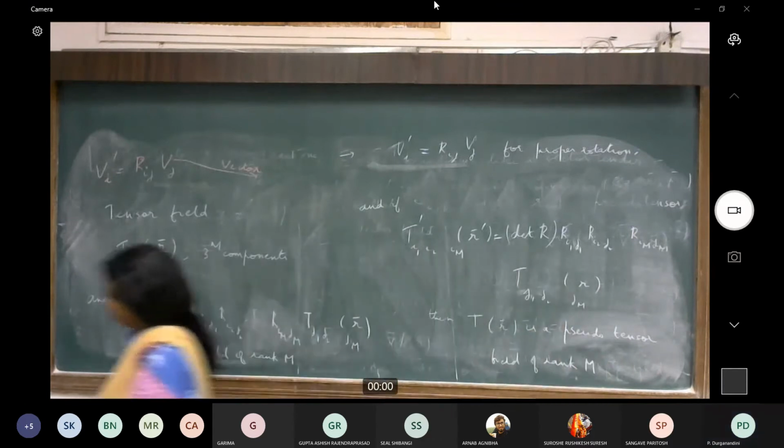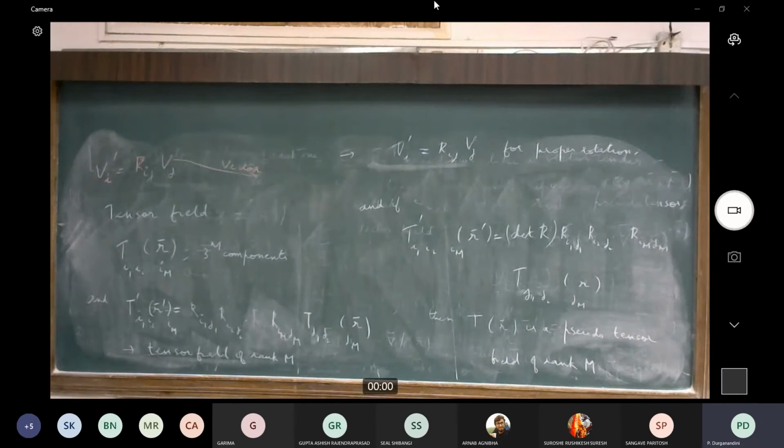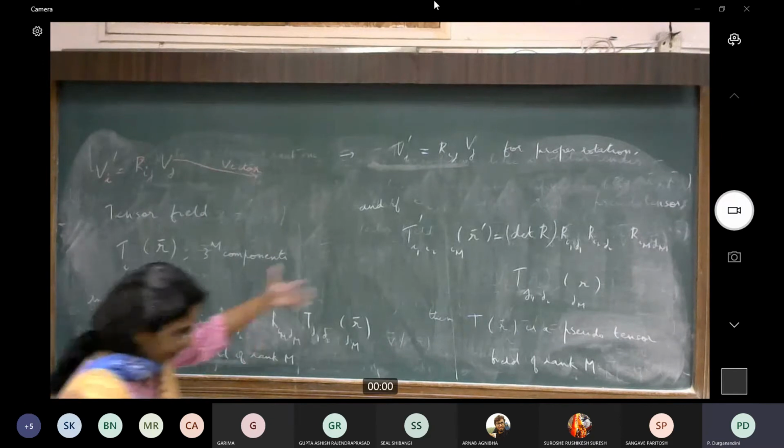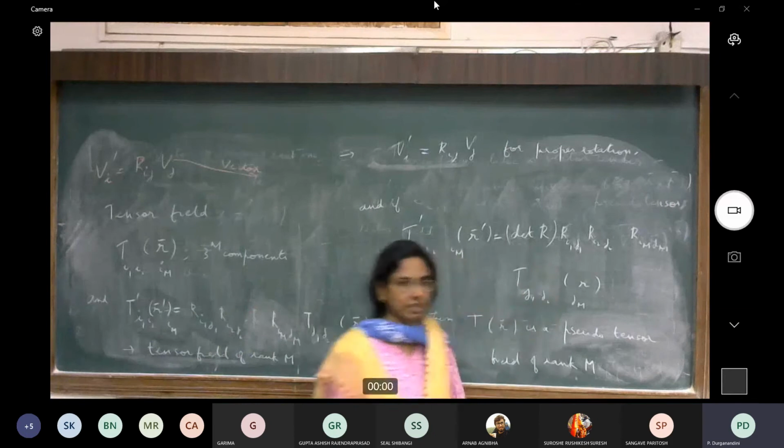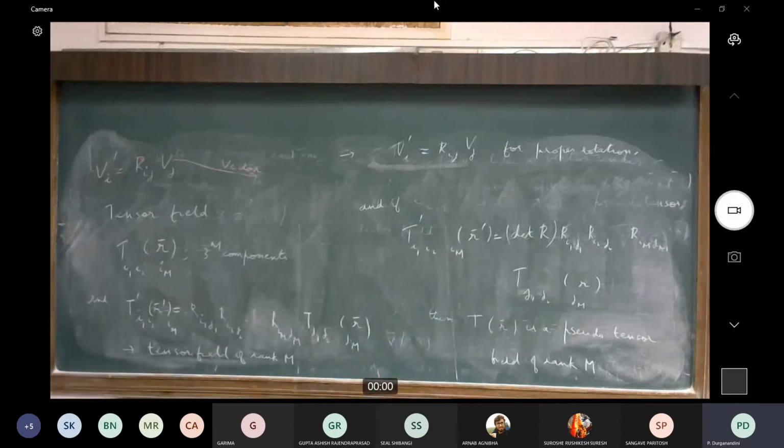So we have gone from tensors to tensor fields, and just like we saw tensors and pseudo tensors, I also have tensor fields and pseudo tensor fields. The only change is that you are getting this additional factor of the determinant of R.